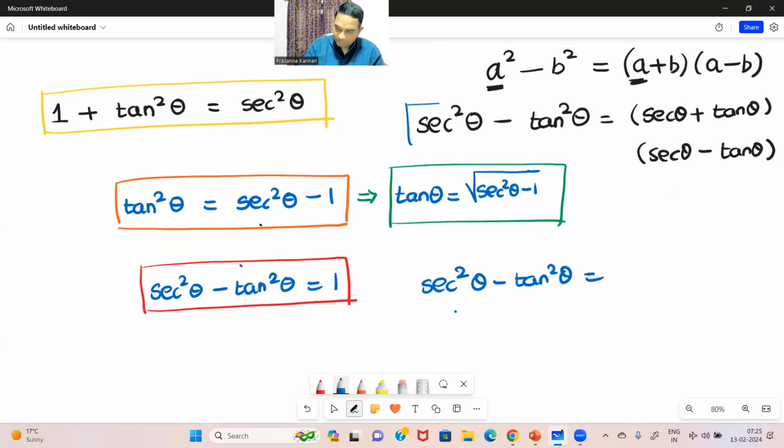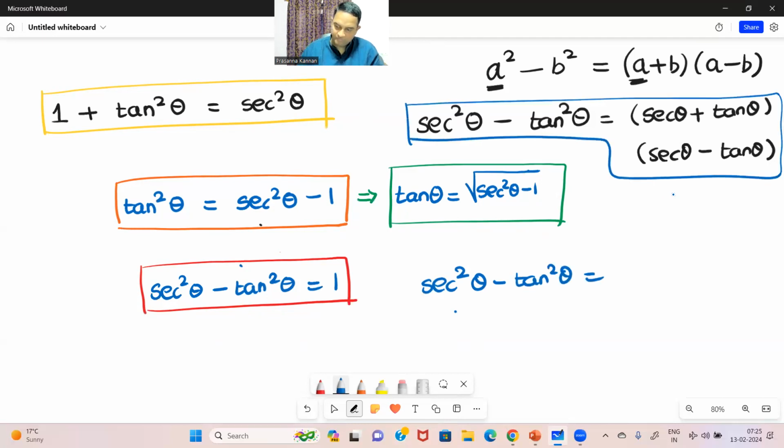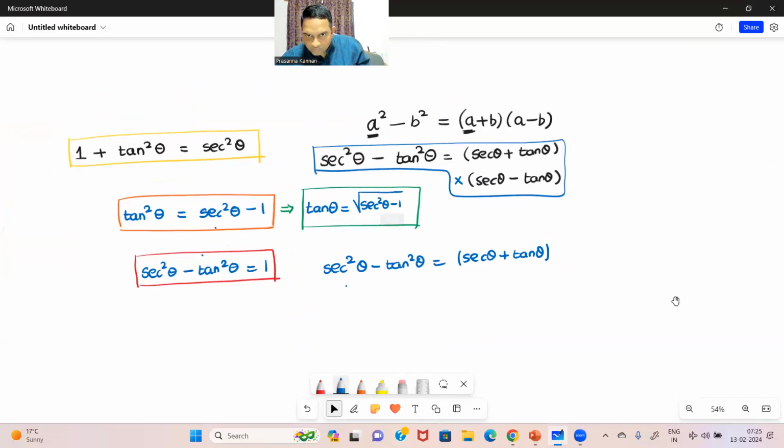Is equal to sec theta plus tan theta, a plus b into a minus b, sec theta plus tan theta into sec theta minus tan theta.